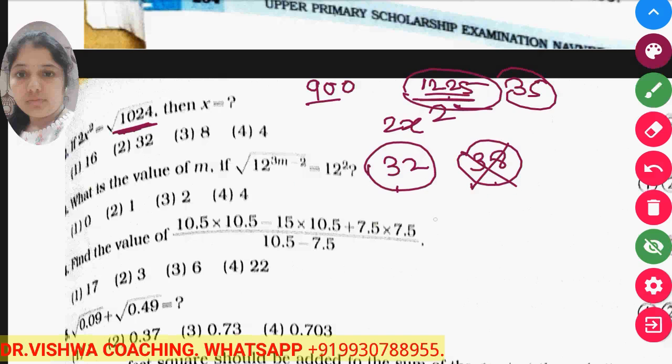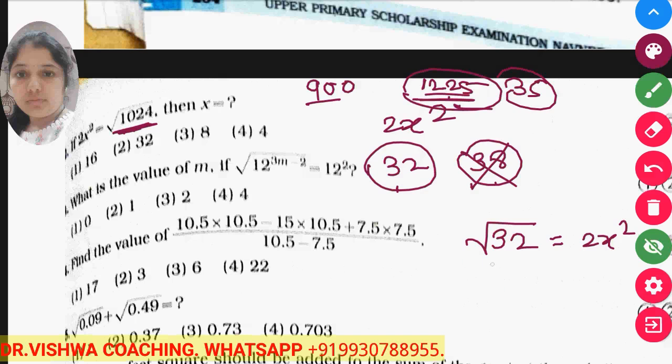Okay, now under root 32 is equal to 2x square.